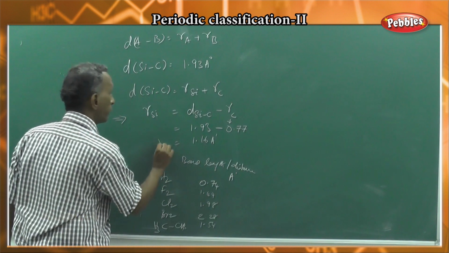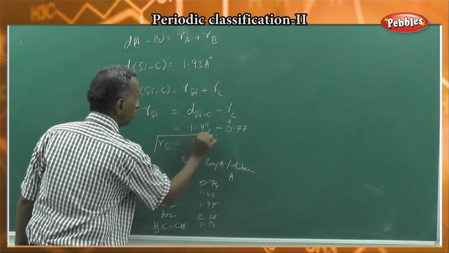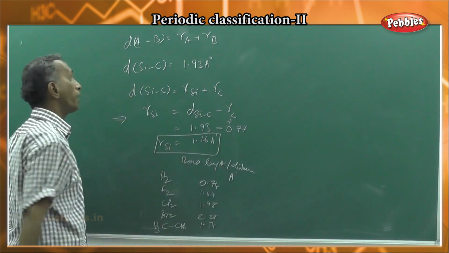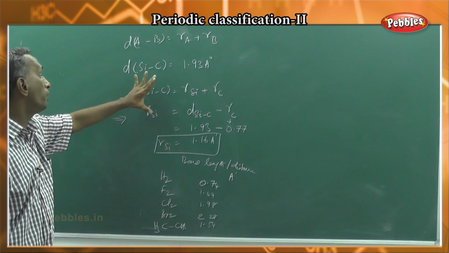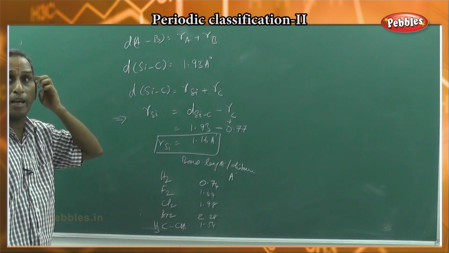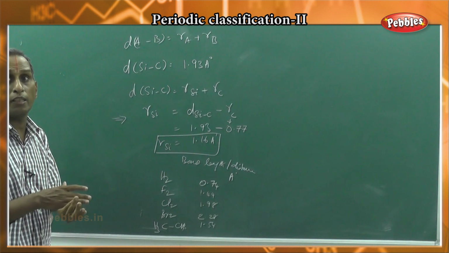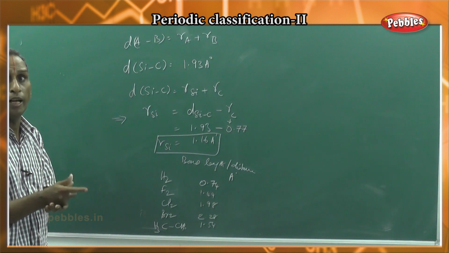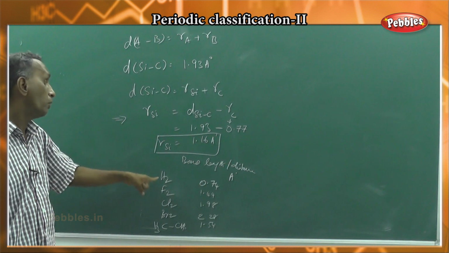So the radius of silicon atom equals 1.16 angstrom. So the radius of one of the atoms can be calculated if the bond distance between the two atoms is given as well as the radius of the other atom is known.